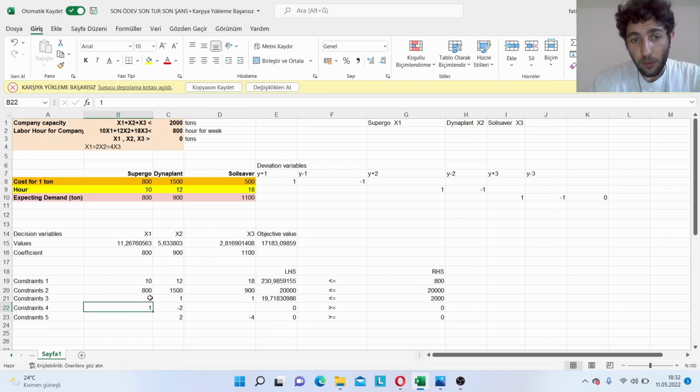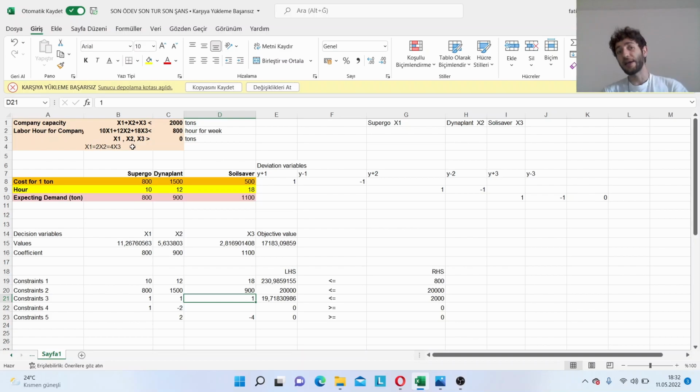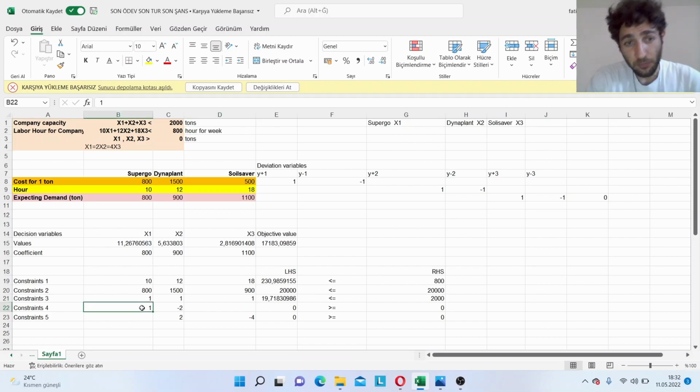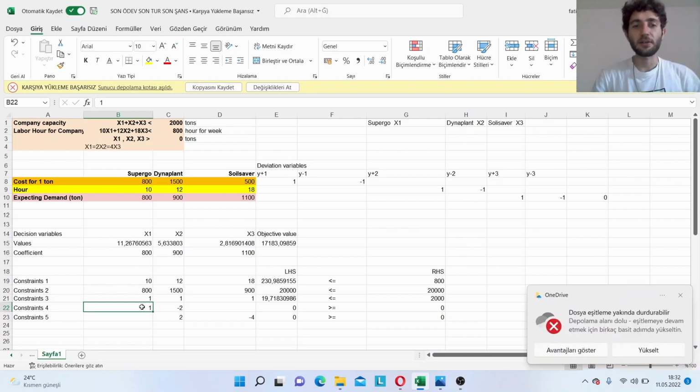So another function is again related to capacity. You see we use these functions: X1 plus X2 plus X3 less than or equal to 200. And for the other functions, the company says firstly X1 must be 2 times more important than X2, and X2 2 times more important than X3.